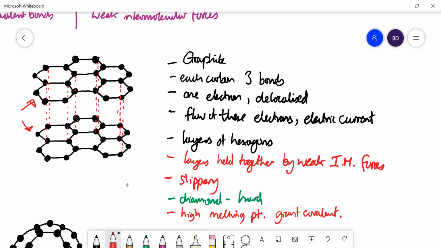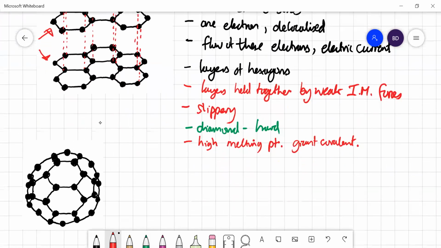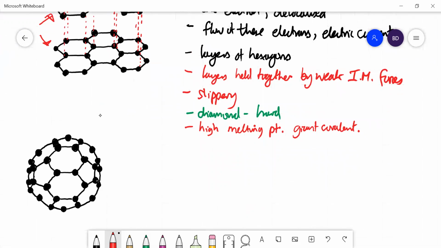Right, now just while we're here, this gets to this sort of football-like structure here. This is another form of carbon, which was only discovered in 1985, and it's called Buckminster fullerene. If you look at it, it's quite like graphite in a way, one layer of graphite.